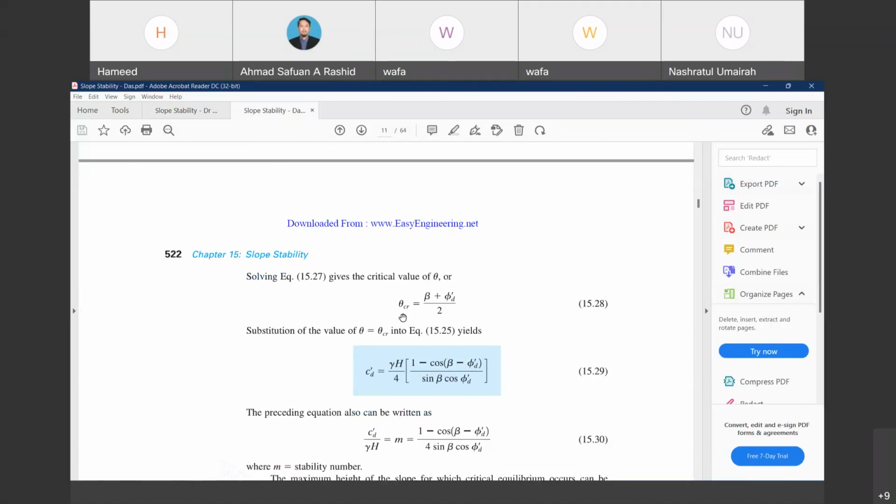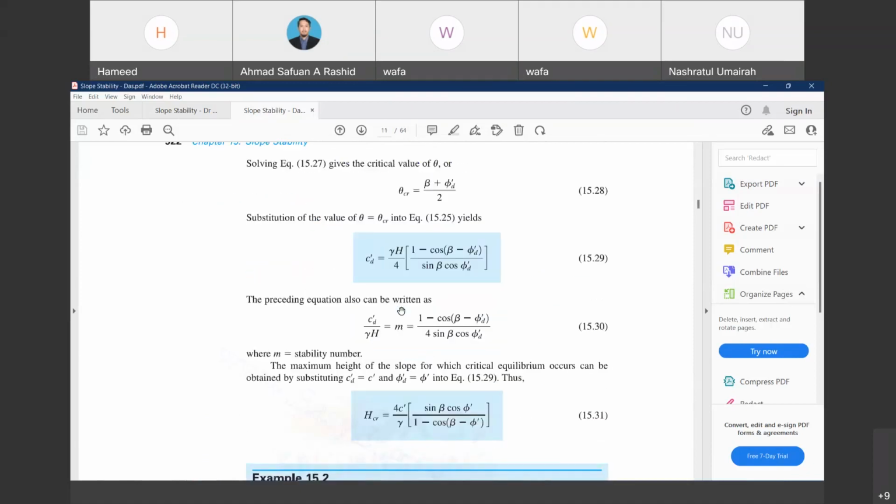Then they get theta equal to beta plus phi d over 2. Then substitute the theta in the equation to get the new Cd. Then from the Cd, they obtain the Hcr, by arranging the Hcr on the left and the rest on the right.